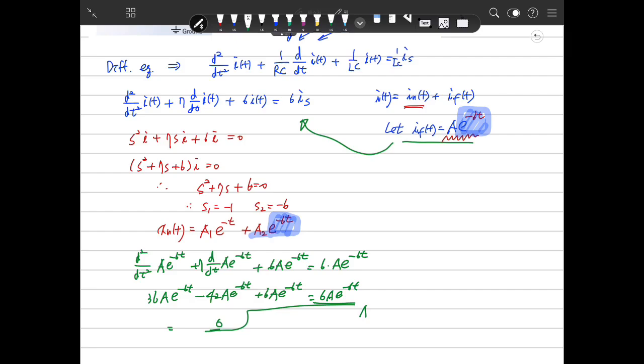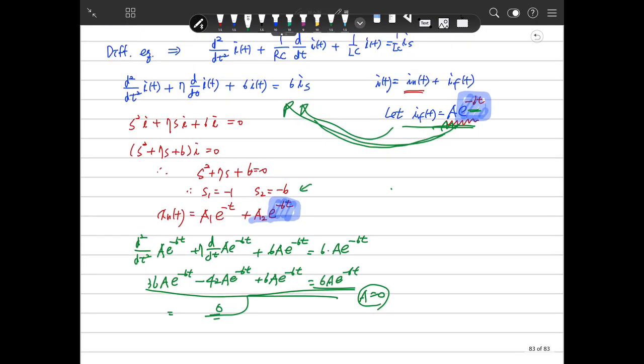So A should be 0. In this case, when the characteristic equation solution s is the same as the form of the forced response, then when you apply the forced response form to the equation, the solution is weird. That is because IN has exponential minus 6t and IF has exponential minus 6t, the same form.